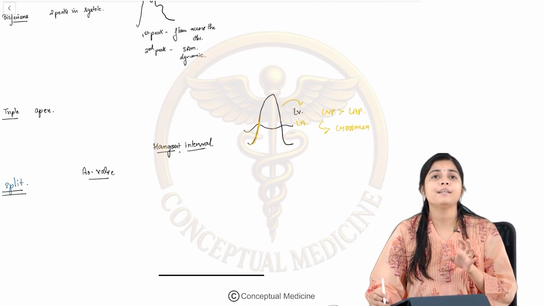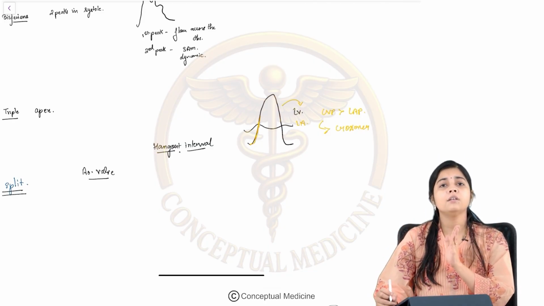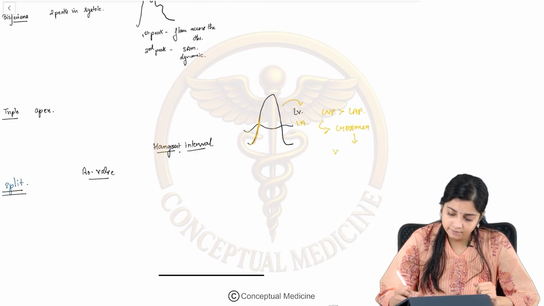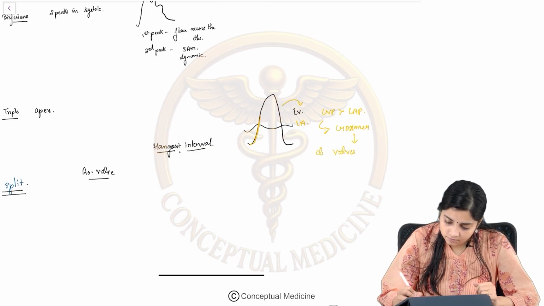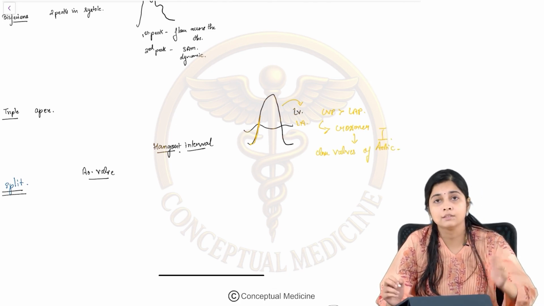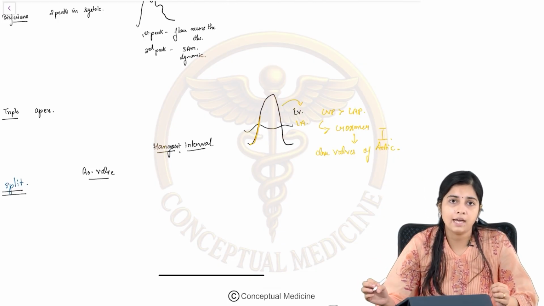This is your pressure crossover, followed by which there will be closure of the valves. Closure of which valve? Closure of the aortic valve. So the time between this pressure crossover and the actual valve closure is what we call the hangout interval.